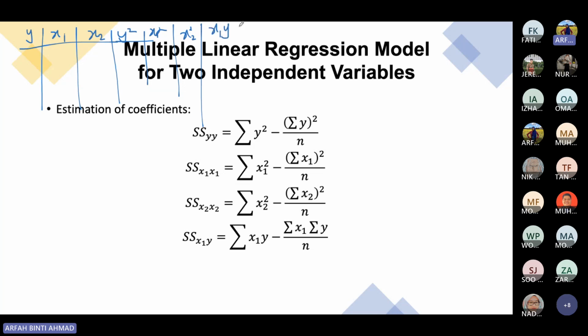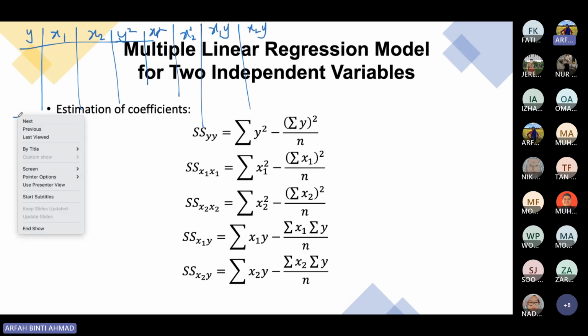So another column, x1 multiplied with y, and also another column of x2 multiplied with y. So you take the total down here, the summation. So you are going to have all the summation for y, x1, and so on. Then you can include them in the model, in the calculation, in the formula.